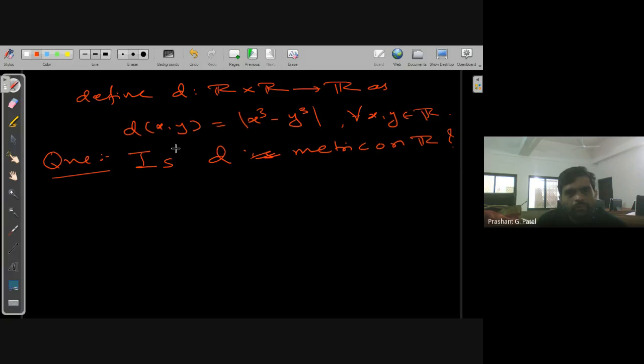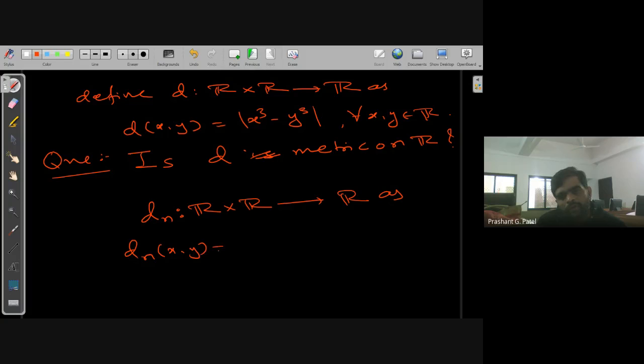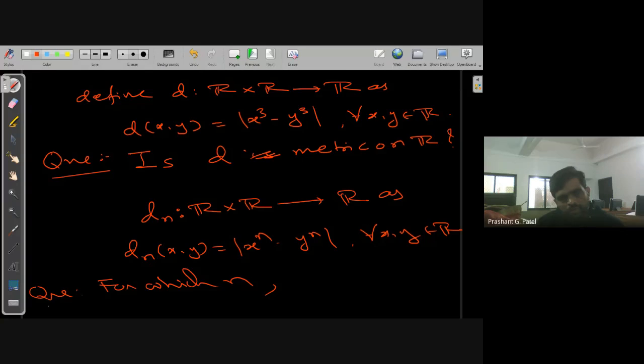In general, if I define Dn from R cross R to R as Dn of (x, y) equal to |x^n minus y^n| for every x, y belonging to R, the question is: for which n is Dn a metric on R?